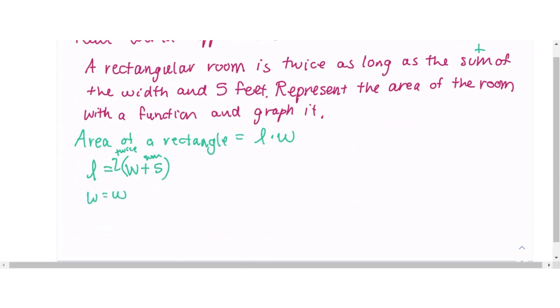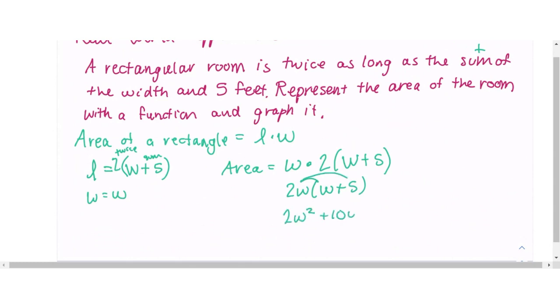And so we would have that the area is equal to, I'm going to put the width first, multiplied by 2w plus 5. And we might have to keep on going with that and simplify. So maybe we could rewrite this as 2w multiplied by w plus 5. So we'll distribute that and make it 2w squared plus 10w.